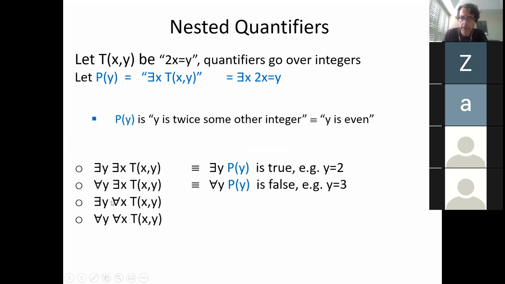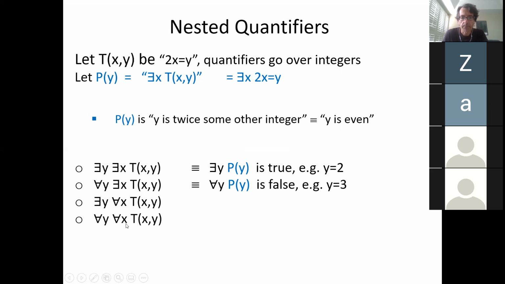Okay, let's do some other examples. What happens if I switch the order here? Oh no, sorry, I don't switch the order. Instead, my inner expression is for all x, g of x, y. So there exists a y such that for all x, twice x makes y.